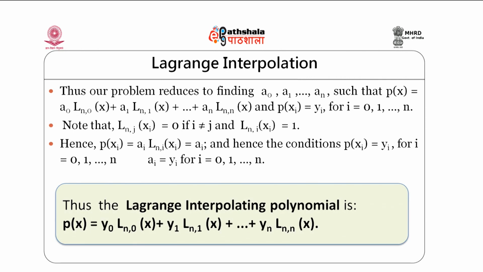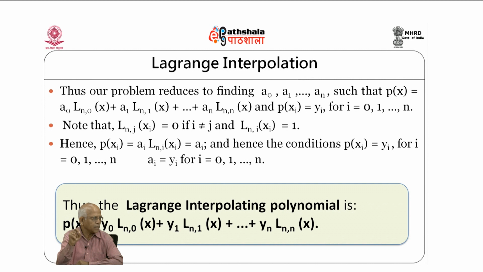Thus, our problem reduces to finding a 0, a 1, a 2, a 3, up to a n such that p x is equal to a 0 l n 0 x and so on up to a n l n n x, and p x i is equal to y i for all i equal to 0, 1, 2, 3 up to n.